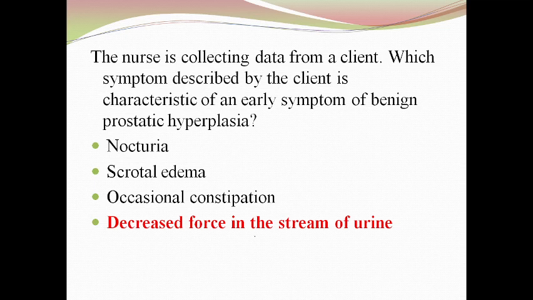The decreased force in the stream of urine is an early symptom of benign prostatic hyperplasia, followed by a weak and dribbling stream, and it may develop into hematuria, frequency, urgency, urge incontinence and nocturia, and later on complete obstruction and urinary retention will occur. So this is the answer.